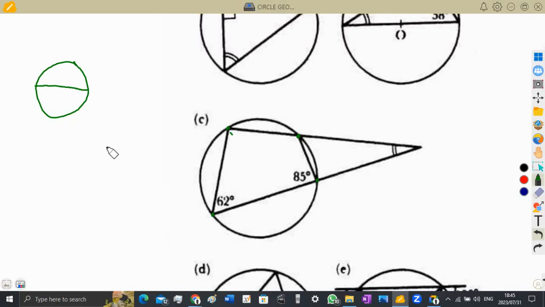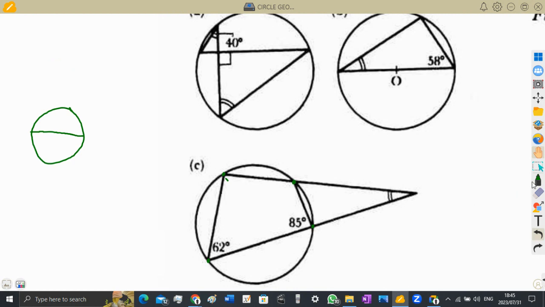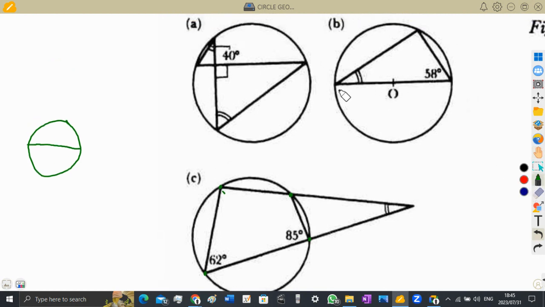Never assume it's a diameter unless they have given us a center, or like this one, we've got a center. Now we can say this is a diameter because it's from one point of the circle passing through the center. That is the major key that we can tell that, okay, this is a diameter. But without that, if a line is just drawn, never assume that it's a diameter. We have to be told that it's a diameter, or there must be a theorem that we can say, okay, once there's a center like this, definitely we are having a diameter.